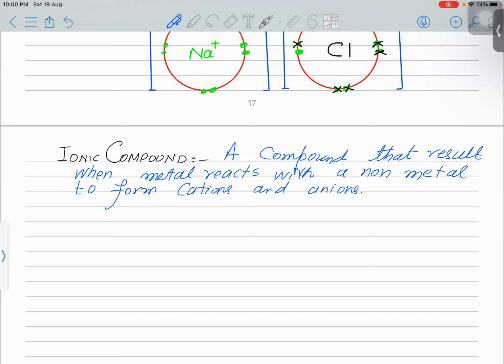Such compounds are called ionic compounds.